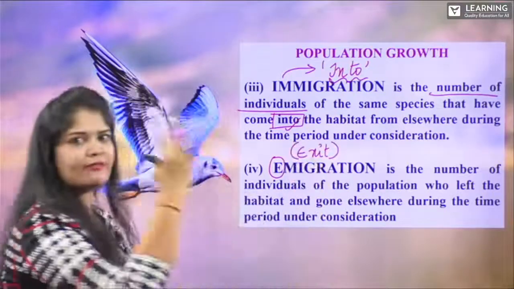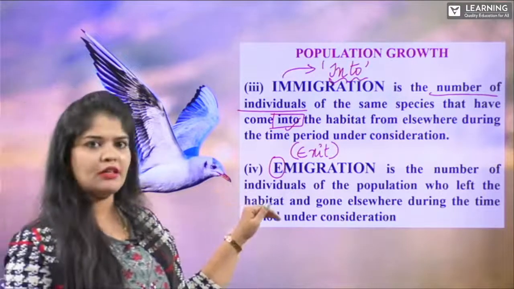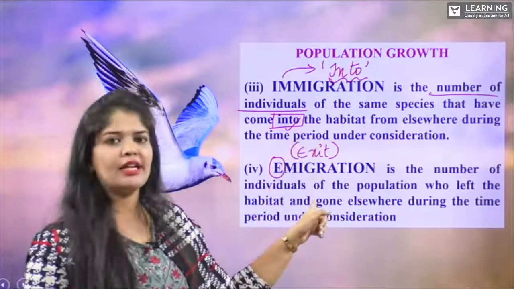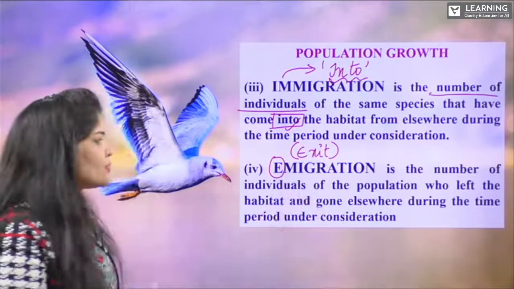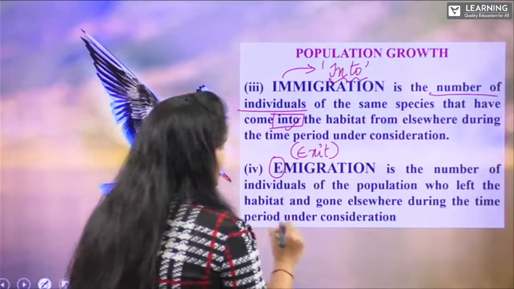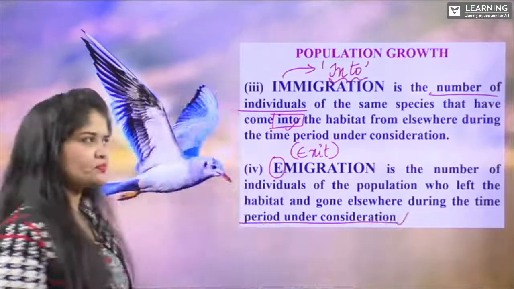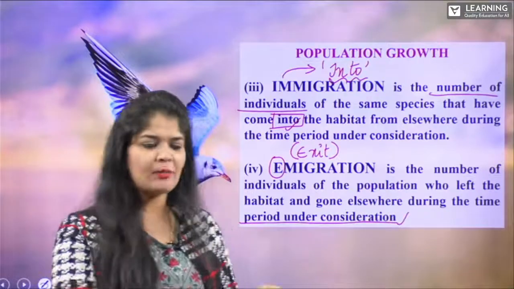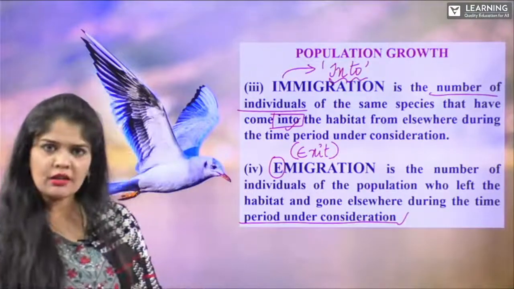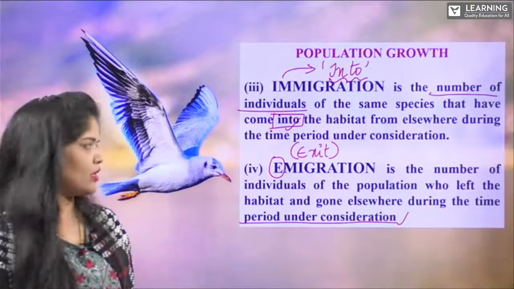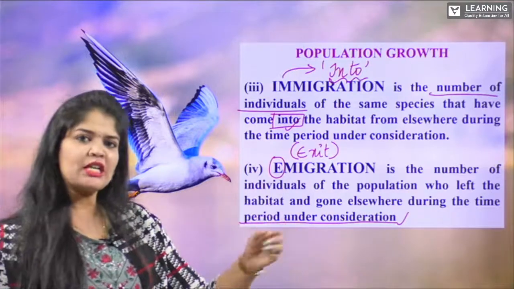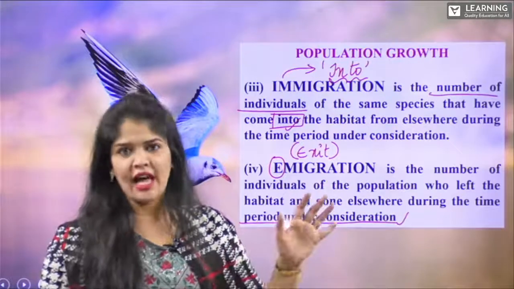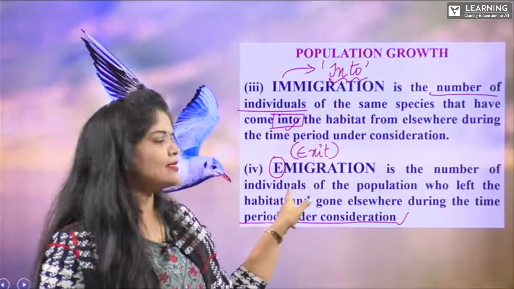These individuals left the habitat and gone elsewhere. Immigration is from elsewhere into the habitat, and emigration is gone to elsewhere, during the time period under consideration.